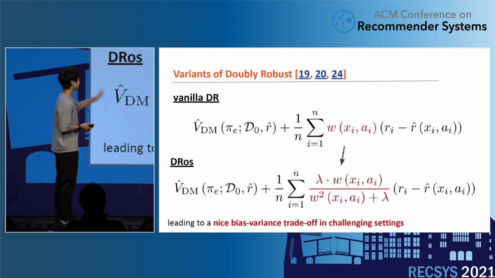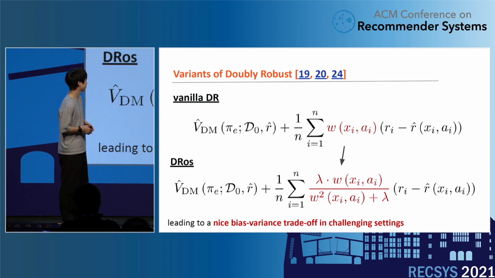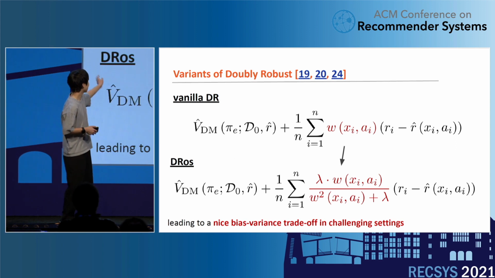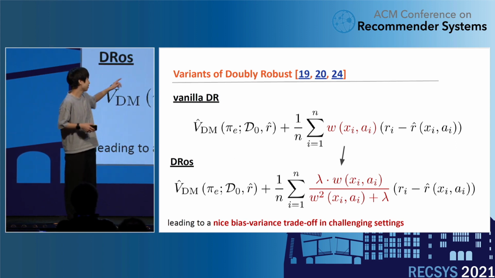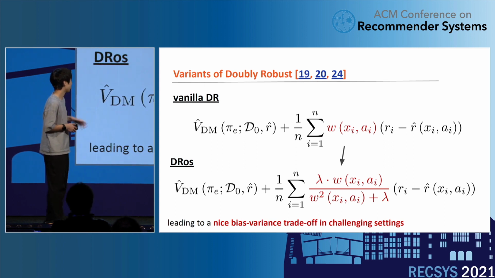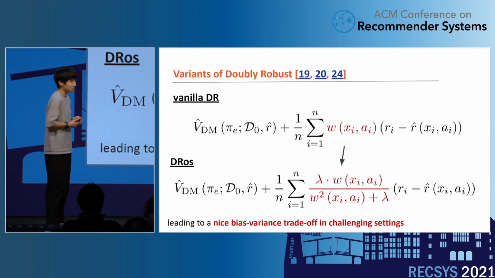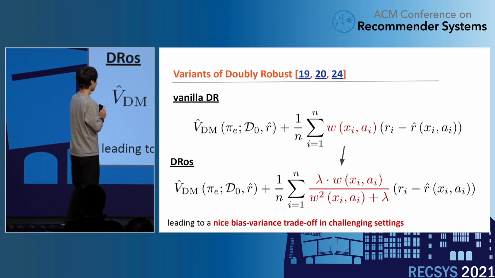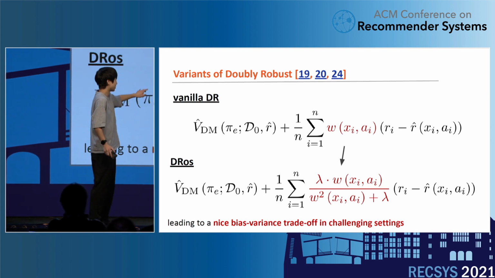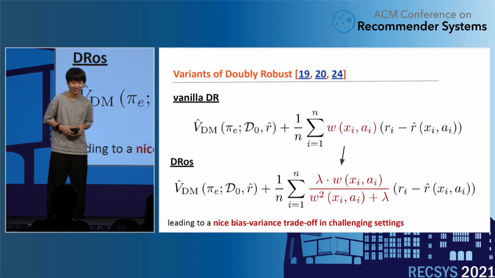They are almost the same. The first term is exactly the same, and we have a second term, the correction term. The only difference is in the importance weight input. The doubly robust, of course, uses the pure, true importance weight, denoted as w, which is just pi_E over pi_0. But the shrinkage estimator modifies this true importance weight into a little bit complicated one, right?